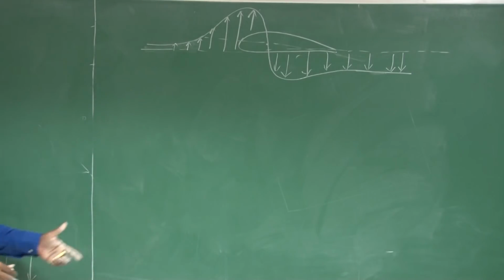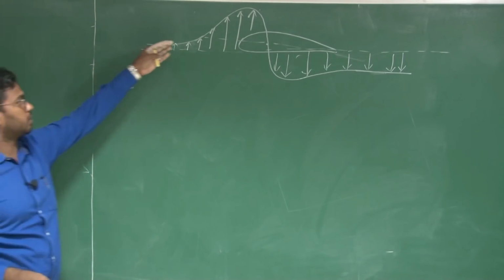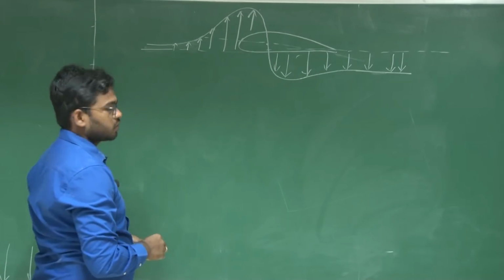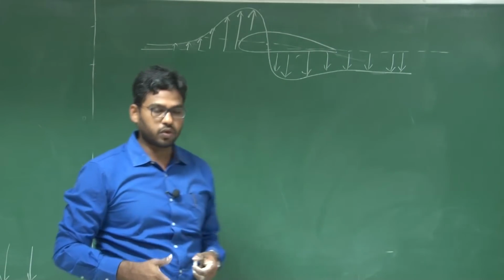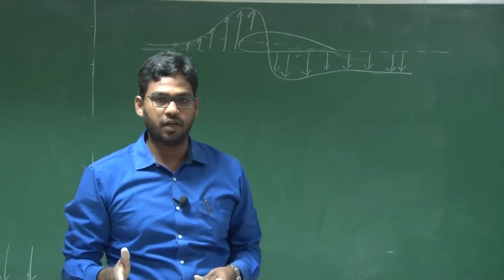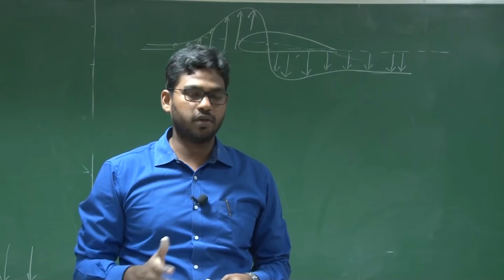This upwash and downwash combination will result in a flow field something similar to this, which alters the local angle of attack at each and every span-wise location, right?